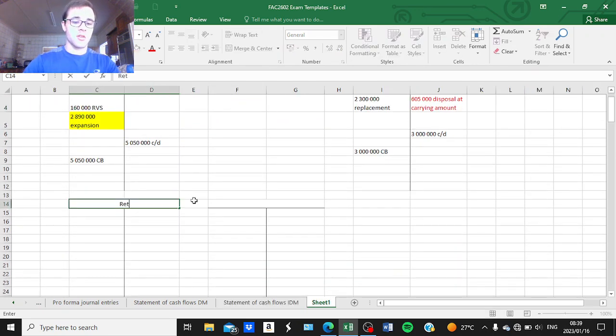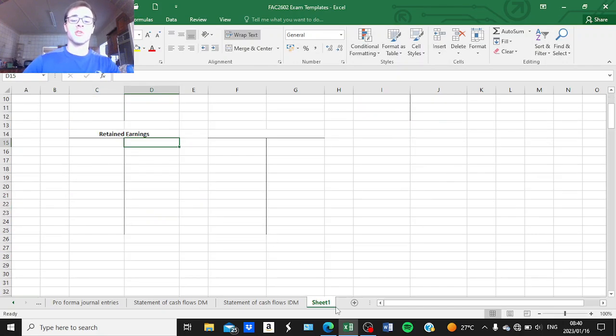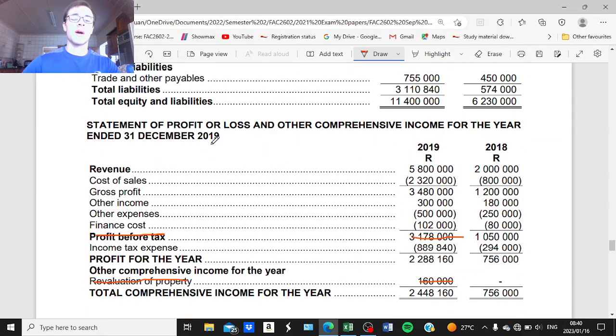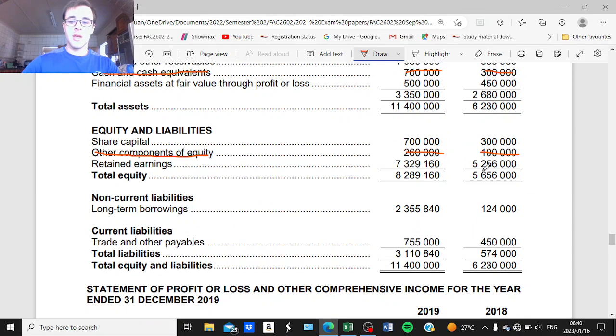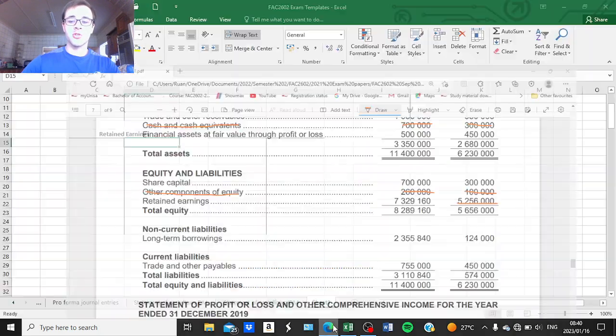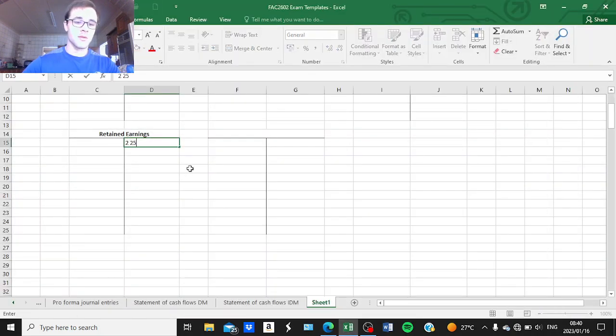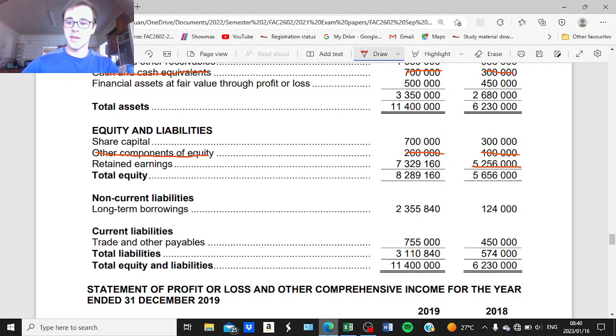So, in order to calculate the dividends declared, we first need to draw up the retained earnings general ledger account. According to our trial balance, retained earnings had an opening balance of 5,256,000 Rand. So 5,256,000 was the opening balance. Keep in mind that retained earnings has a credit balance, so you need to show this on the credit side.